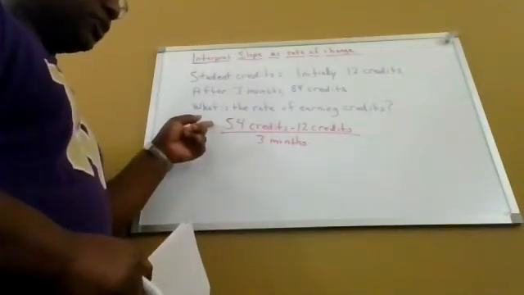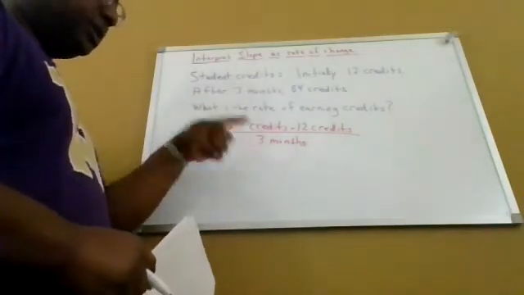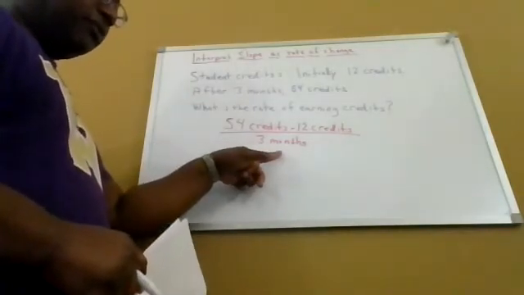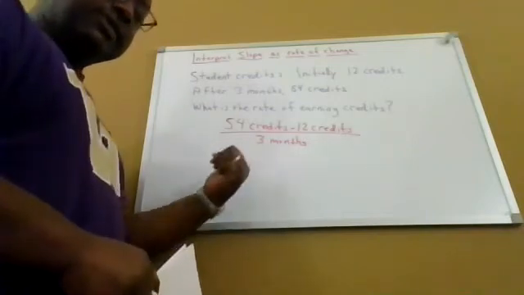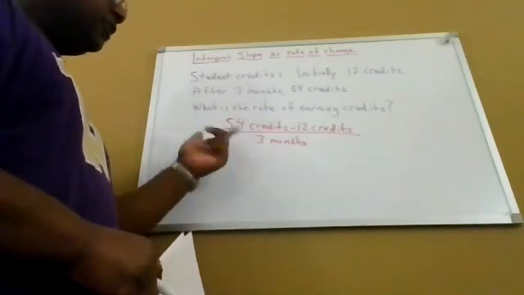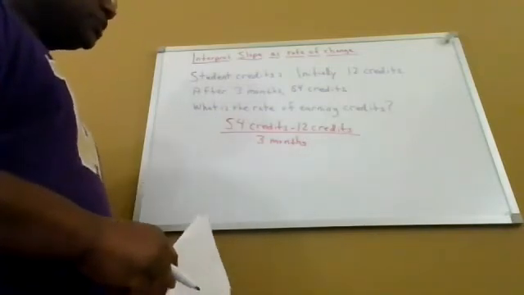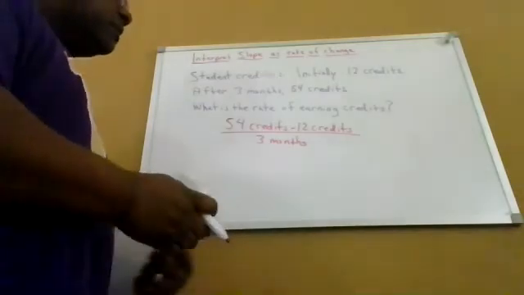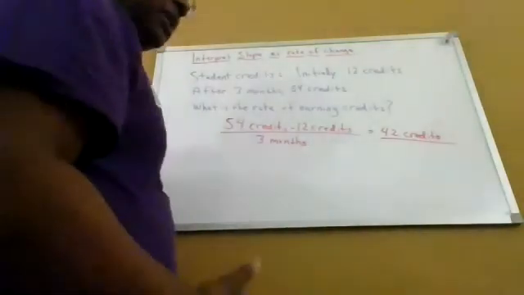Our numerator is going to represent the credits. Our denominator represents the time. In this case, it's months. So 54 credits minus 12 credits will give us 42 credits. And then our denominator is still 3 months.